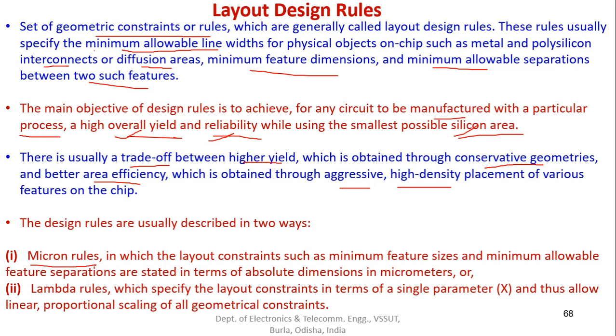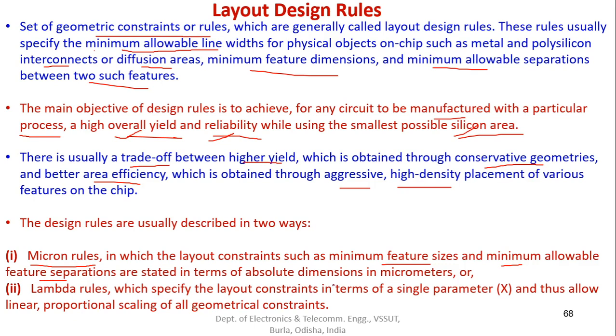Now in micron rules, all these parameters, such as minimum feature size and minimum allowable feature separations, are stated in terms of absolute dimensions.